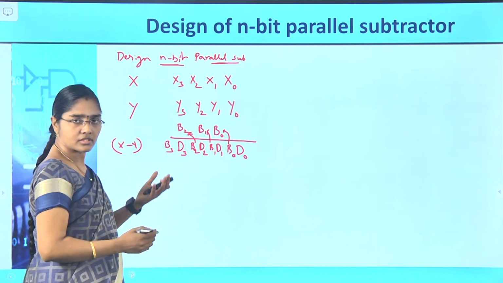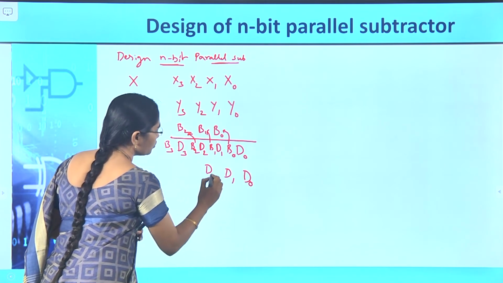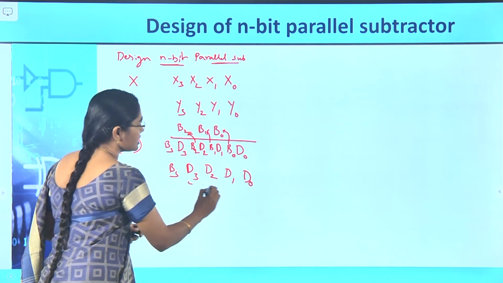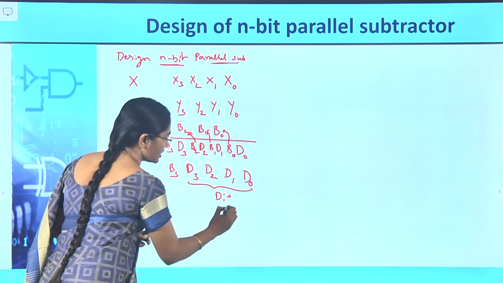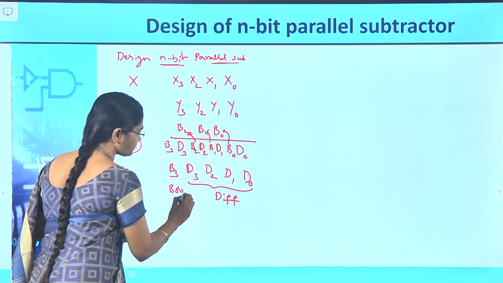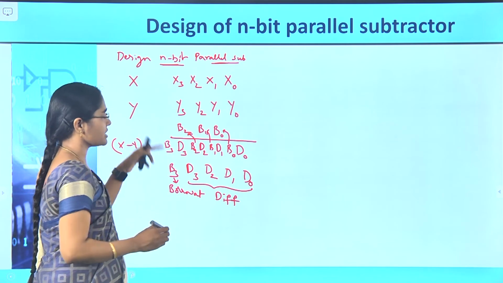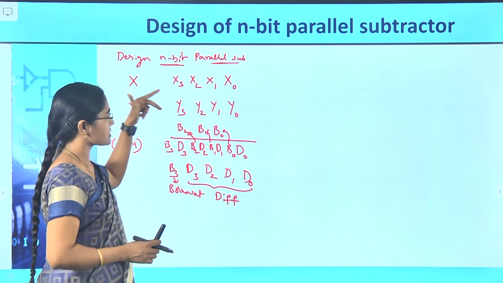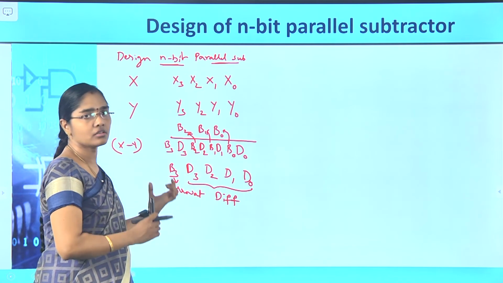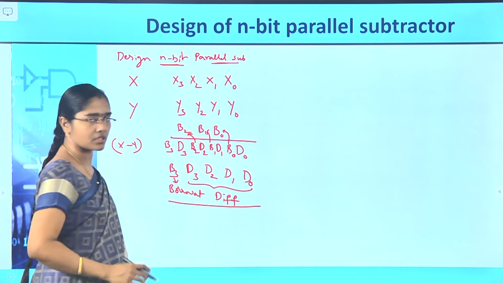So the final remaining bits are d0, d1, d2 and d3 and b3. So d0 to d3 is called the difference and b3 is called the borrow out for the final n-bit subtraction. So when 2 n-bit numbers are subtracted, the result is an n-bit difference and 1 bit borrow out. Okay, so this is the final result.